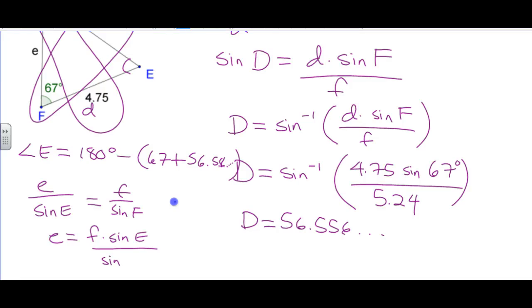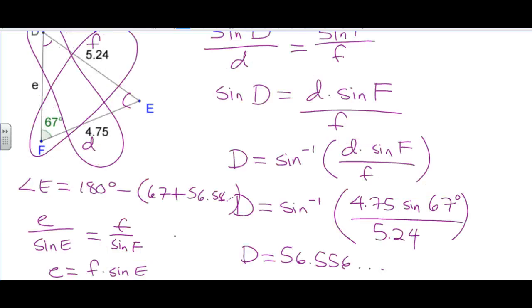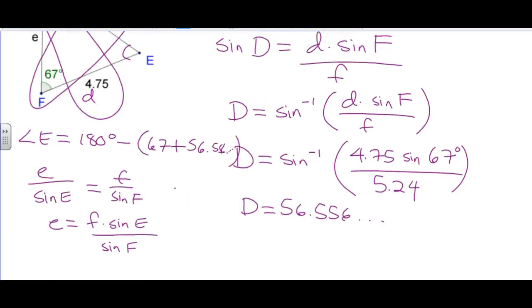Okay, so now we can fill in the numbers. What's little f? 5.24. So little e is equal to 5.24 sine of e divided by the sine of 67.